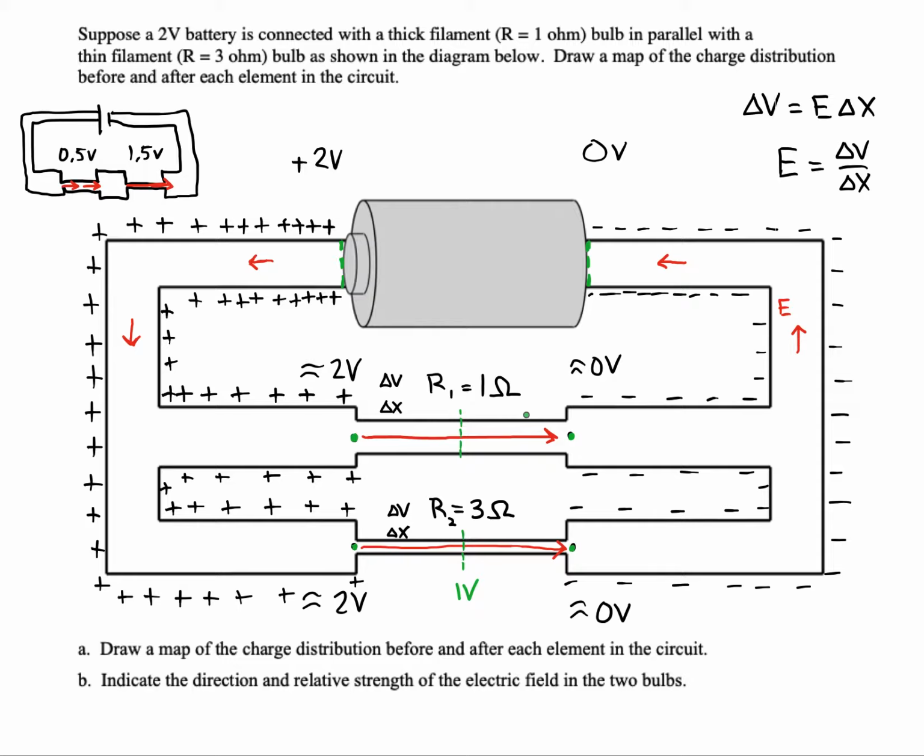Let's see, I'll mark every half of a volt. So we'll have 0.5 volts there. And then we'll have 1.5 volts there. And those will actually be all the equipotentials that I need for this problem.